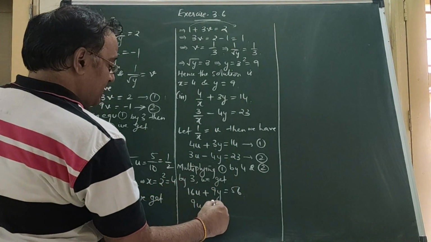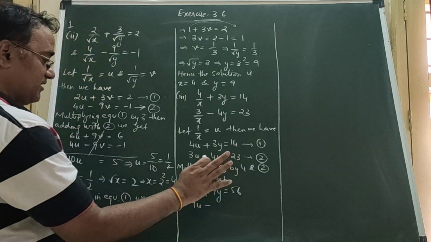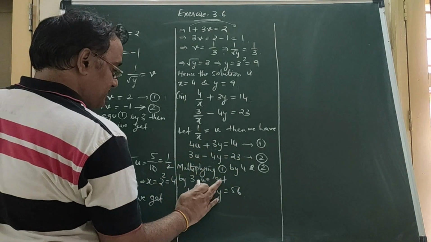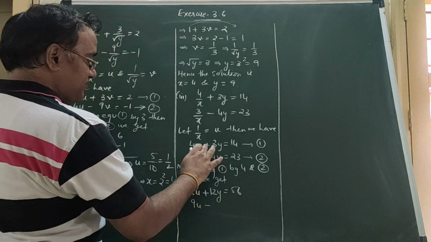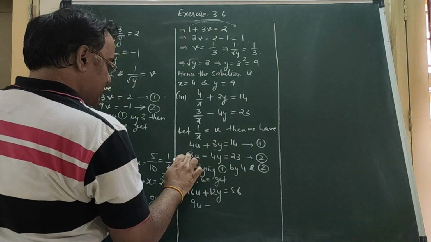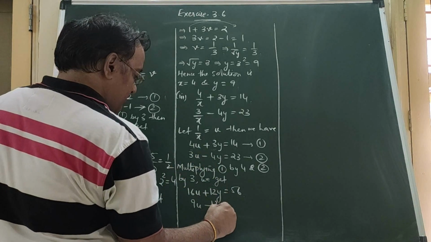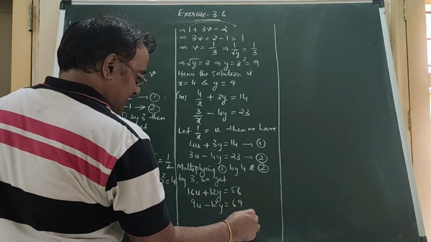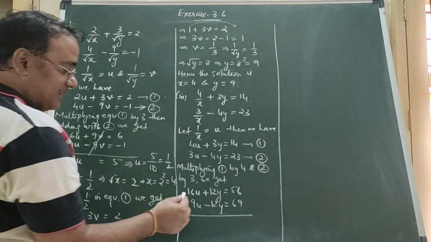9u minus, wait, this will be 12. Okay, this will be 12. 16, 12, 56, right? And this will be into 3, minus 12y is equal to 69. Now we have to add.